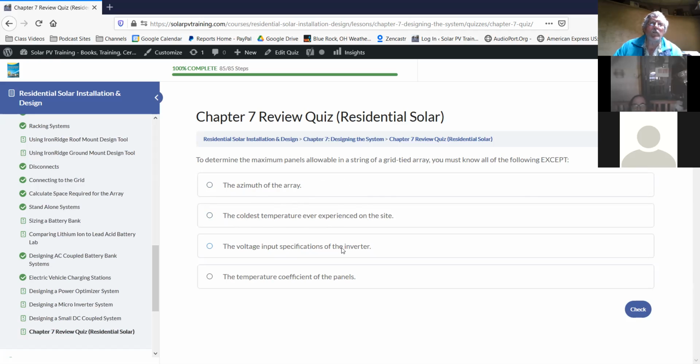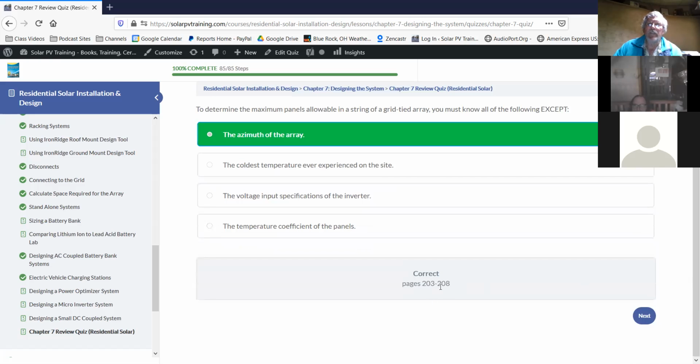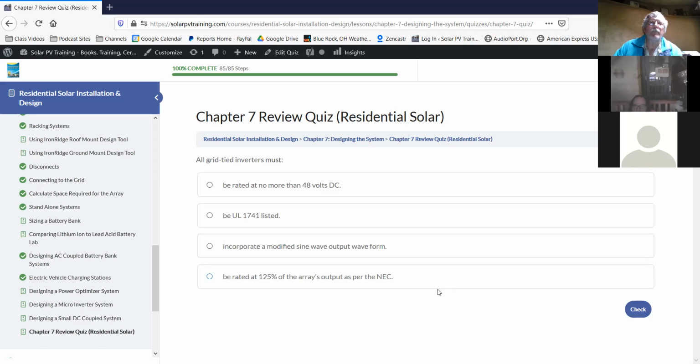We need to know the voltage of the inverter, the temperature coefficient of the panels, but we don't need to know the azimuth. We don't need to know that orientation. And so when you're figuring out the maximum number of panels in a string, that's one of the math problems that we'll get to. Hopefully you've had a chance, all of you, to go through that. If not, the reference pages are right there. We'll touch on that in a little bit.